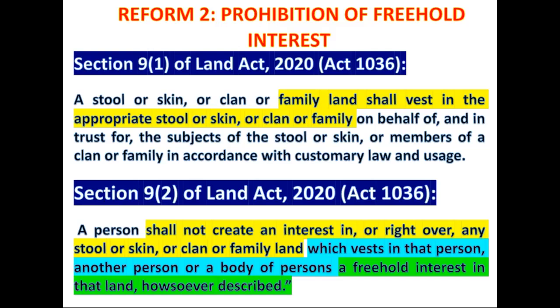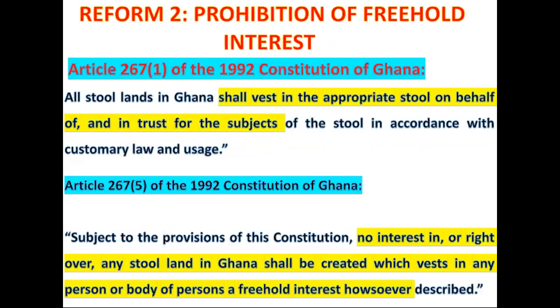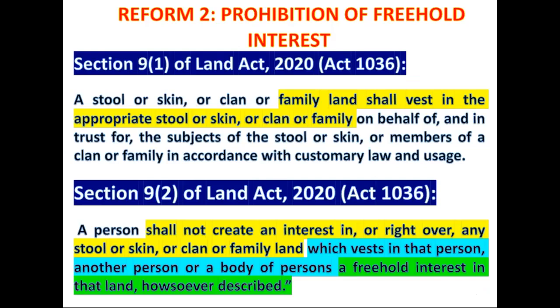You remember the trusteeship concept that we saw in relation to stool lands under Article 267, where we realized that under Article 267 Clause 1, the stool lands were vested in the appropriate stool on behalf of and in trust for the subjects. Now, we have replicated that trusteeship concept and brought it also to family land. That is an interesting innovation and reform introduced by the Land Act of 2020, Act 1036.